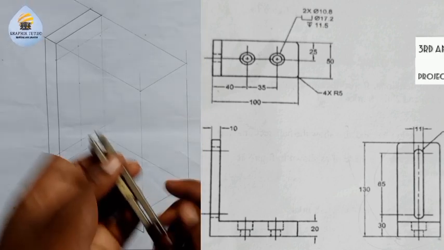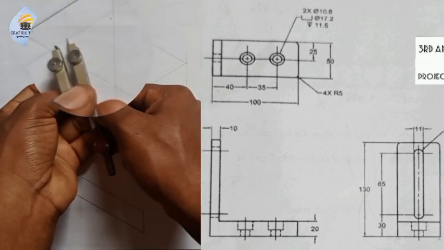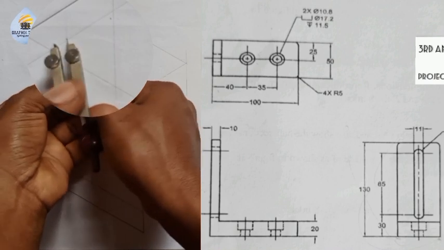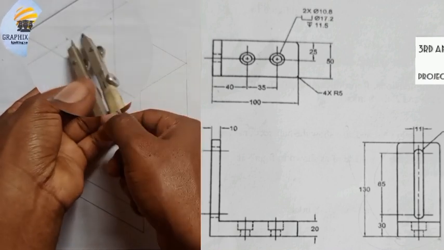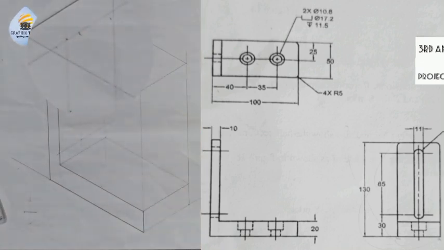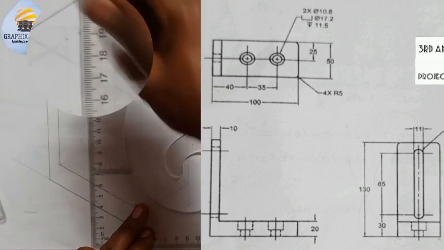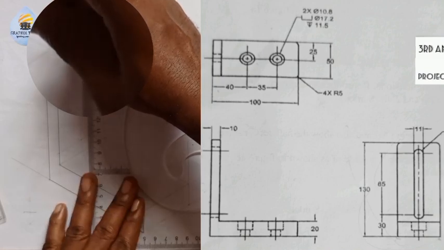So I'll move it and place it here, and I'm going to get this center here, and I'm also going to get this center here. You see that? So I can easily use my instrument to project those points down, just like I did for the center line.